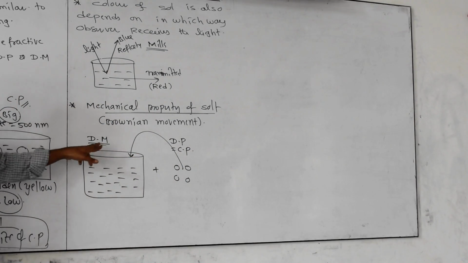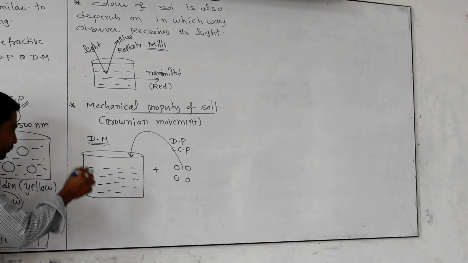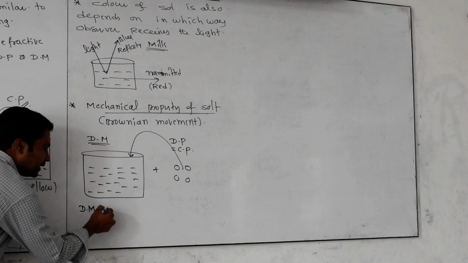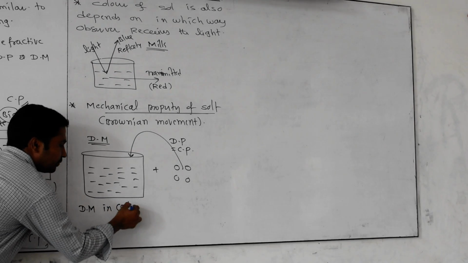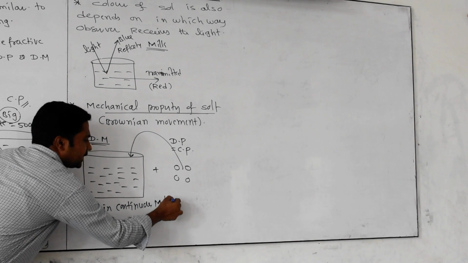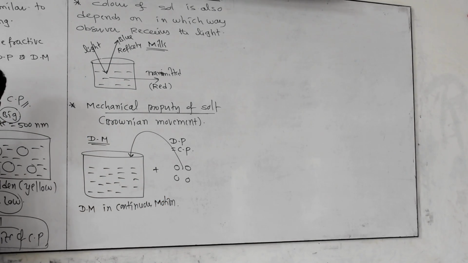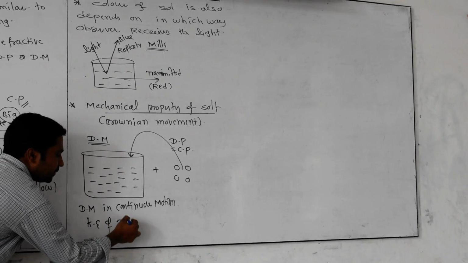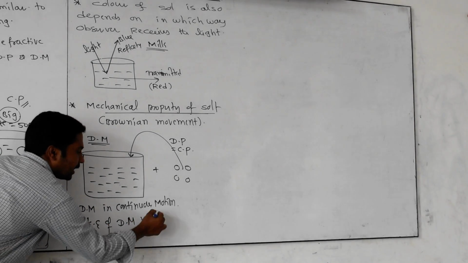Before mixing, first study the dispersion medium. In pure dispersion medium, the molecules are in continuous motion, continuously moving. Then the kinetic energy of the dispersion medium will be very high.